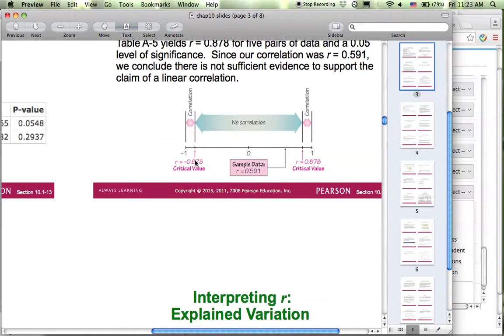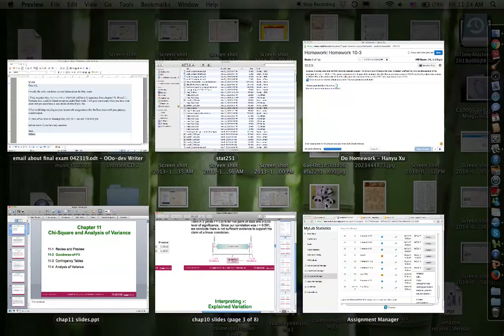If you check the table, get the critical value, you know that from -1 to the critical value, and from the positive critical value to 1, those two are the critical region, which means if your little r falls into those two regions, your x and y are linearly correlated. Otherwise, your x and y are not linearly correlated.